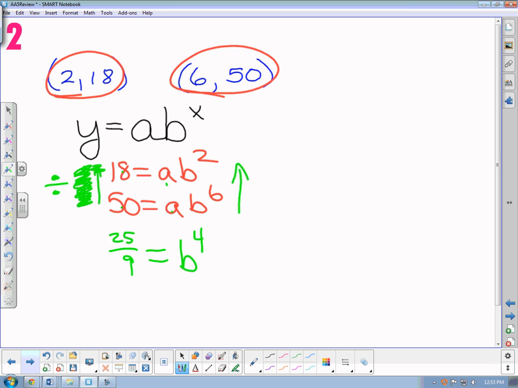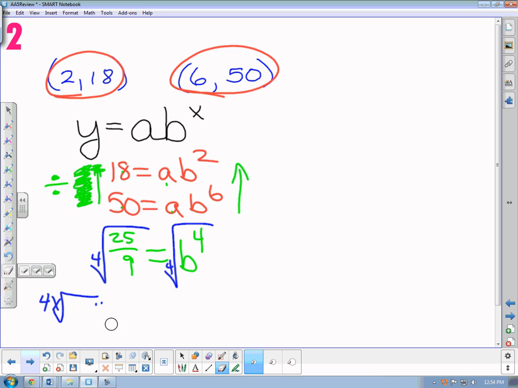So then, to get rid of the 4th power, you have to take the 4th root. So this is where you put a 4, and then you have to get that symbol there, and then put 25 divided by 9. And that has to go in parentheses.